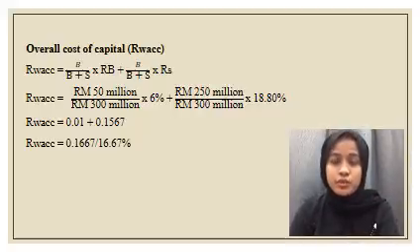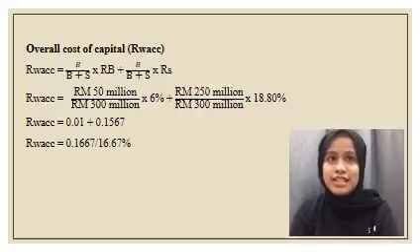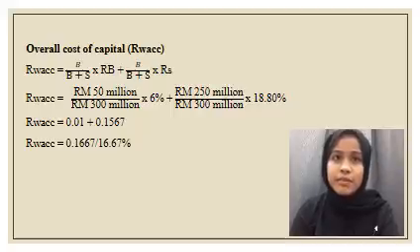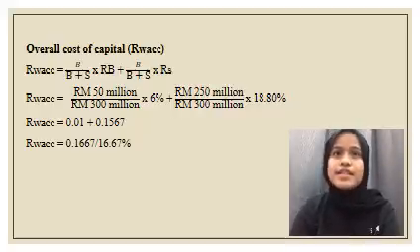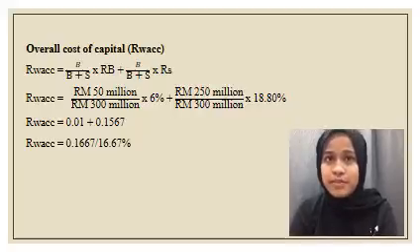Okay, we need to find the overall cost of capital, which is RWACC. We are using the formula RWACC equal to B divided by B plus S multiplied by RB, plus S divided by B plus S multiplied by RS.